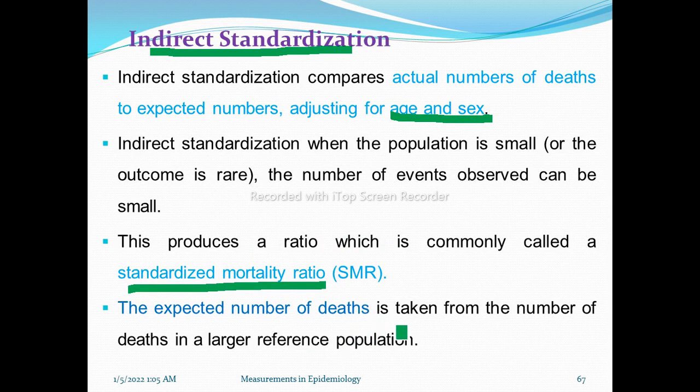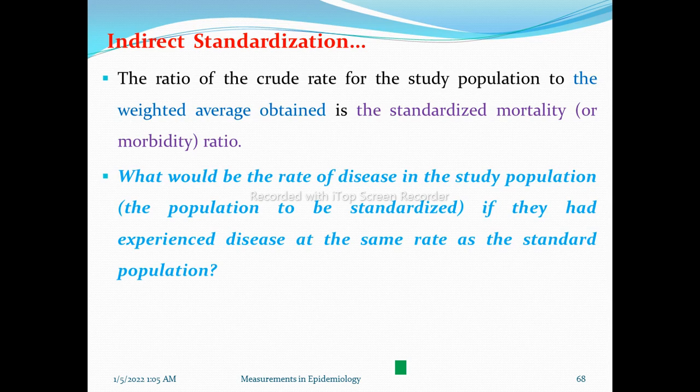The expected number of diseases is taken from the number of diseases in a large reference population. So the ratio of the crude rate for the study population to the weighted average obtained is the standardized mortality ratio. What would be the rate of disease in the study population if they had experienced disease at the same rate as the standard population? So this is indirect standardization.